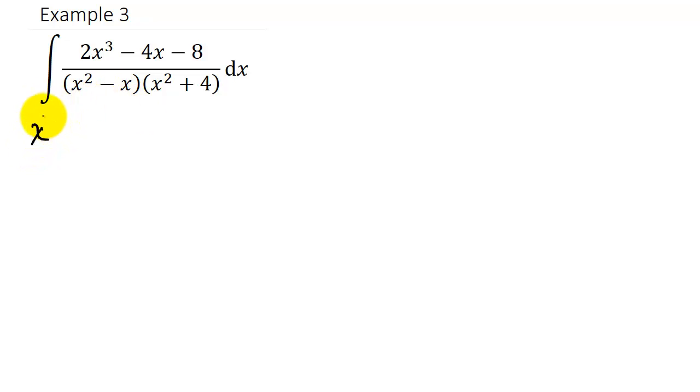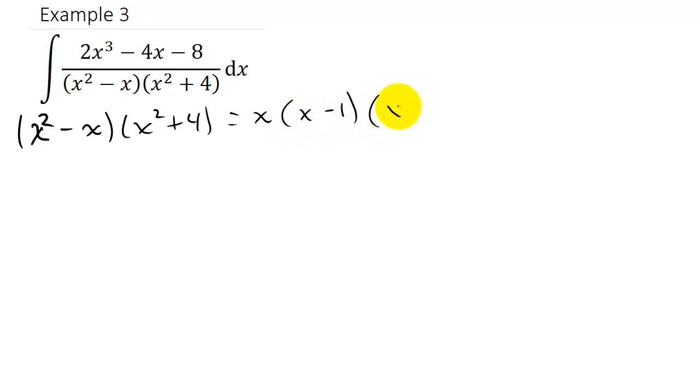So I have x squared minus x times x squared plus 4, and I'll factor x out of here, and then the x squared plus 4, that can't be factored, so I'll leave it like that.